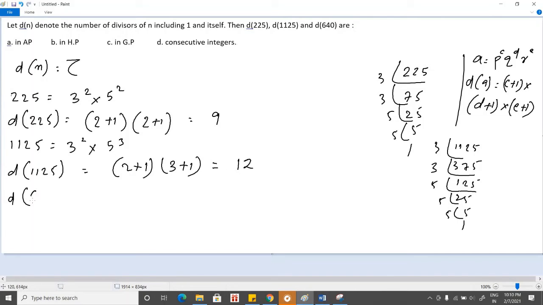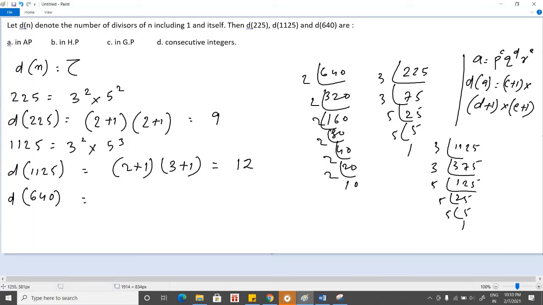Next we will find out for 640. So let us do the prime factorization of 640. 2 320, 2 160, 2 80, 2 40, 2 20, 2 10, 2 5. So therefore we can see that 640 can be written as 2 to the power 7 into 5 to the power 1.